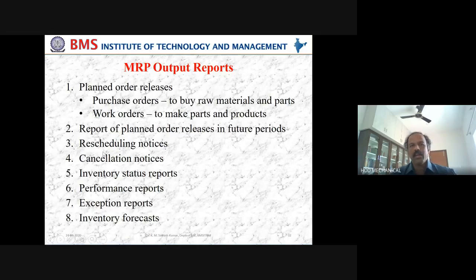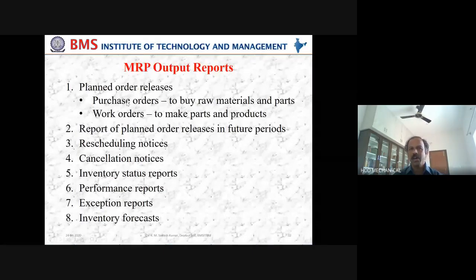Then the next thing is rescheduling notices. What are rescheduling notices? Assume that you have given a purchase order for the supply of some item, and the time given is 1 week.